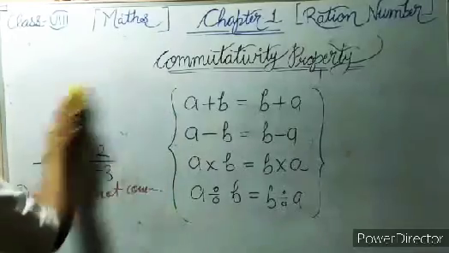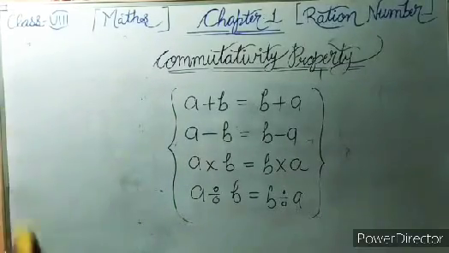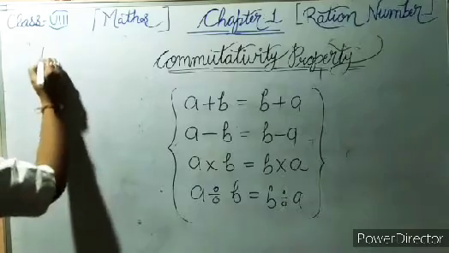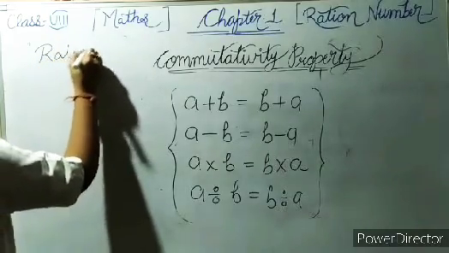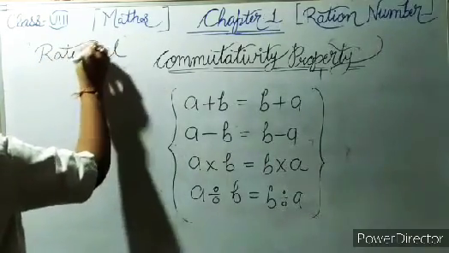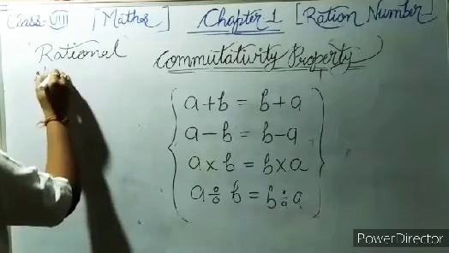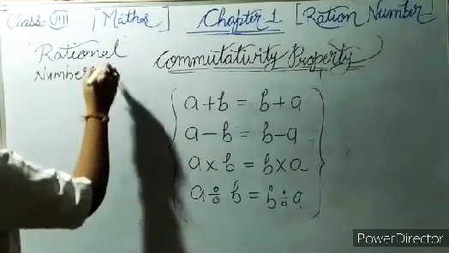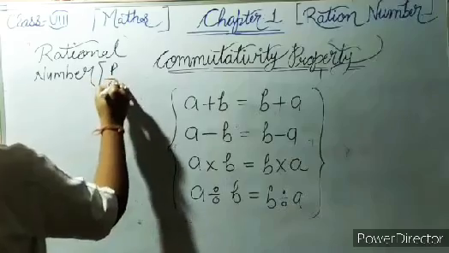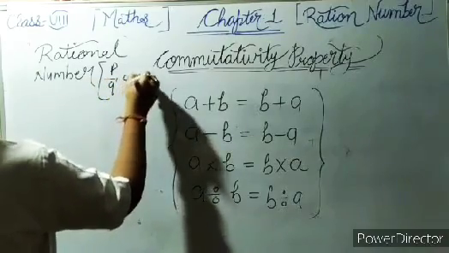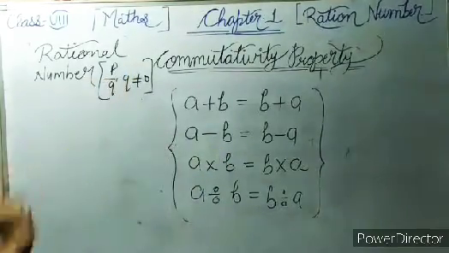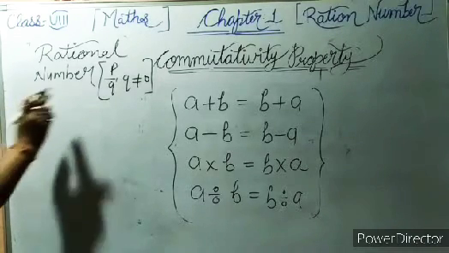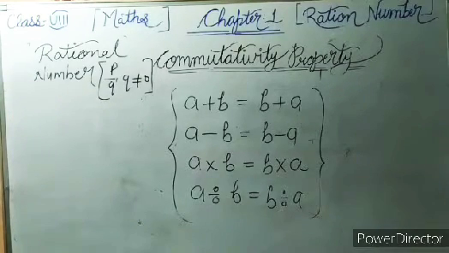Now we move to rational numbers. We know what a rational number is: if we express it as p by q, where q does not equal 0 and p and q are integers, then we say this is a rational number. Now you see for addition.